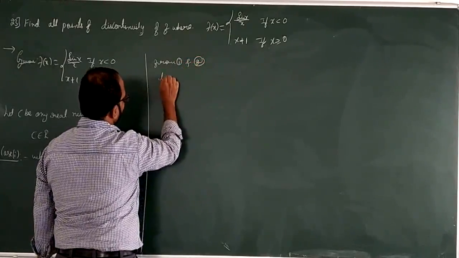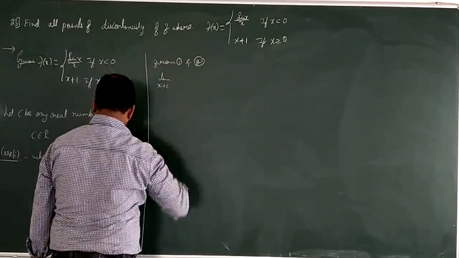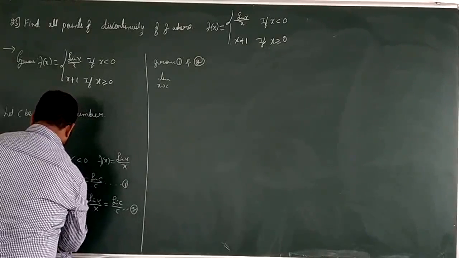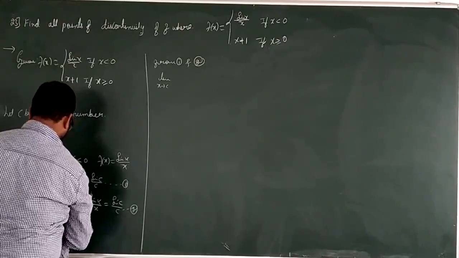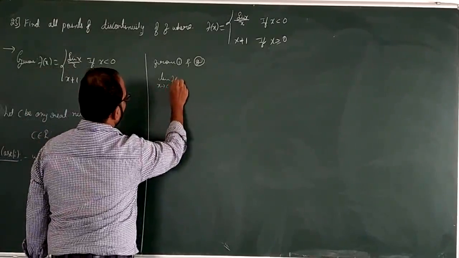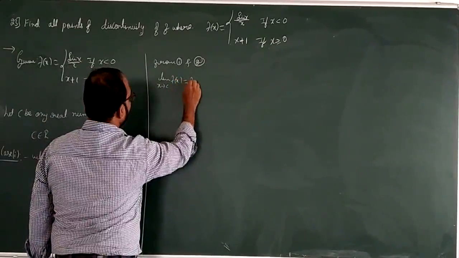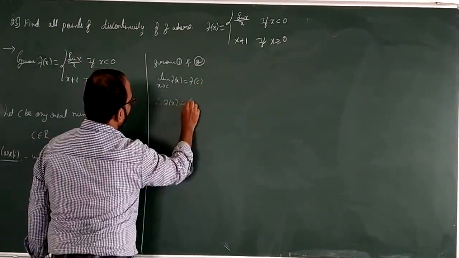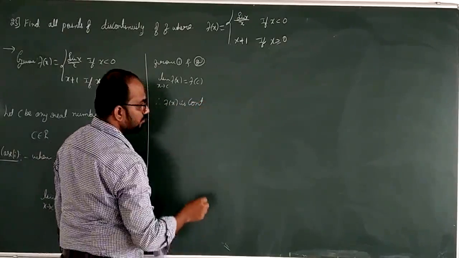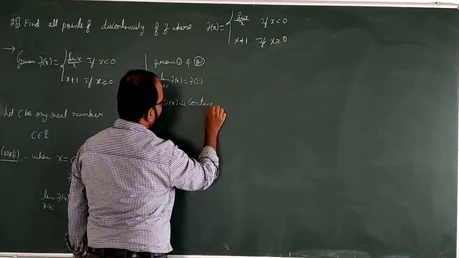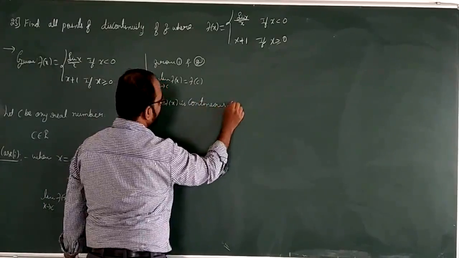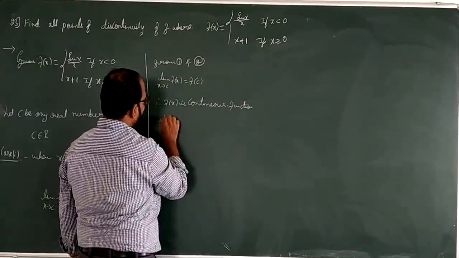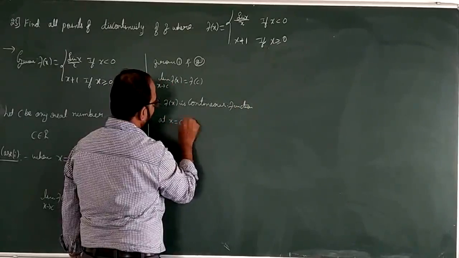Limit x tends to c, f of x is equal to f of c, therefore f of x is a continuous function at x is equal to c is less than 0.